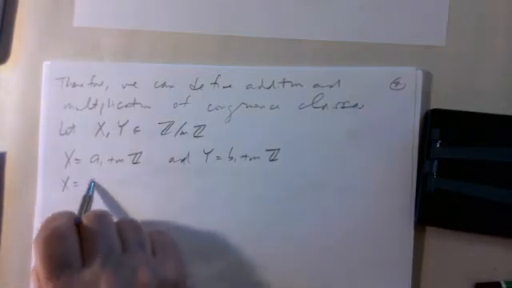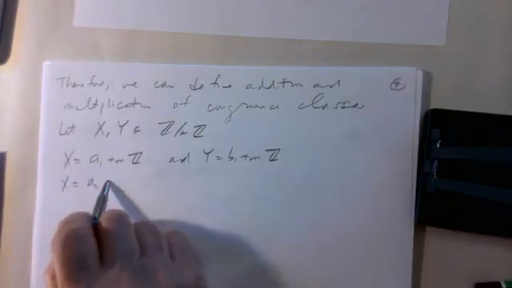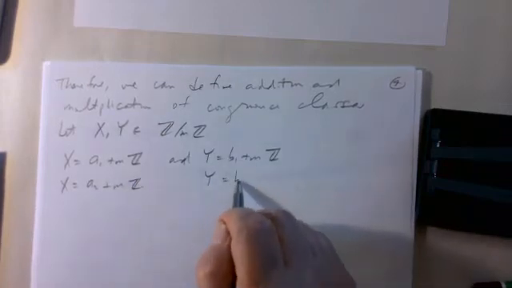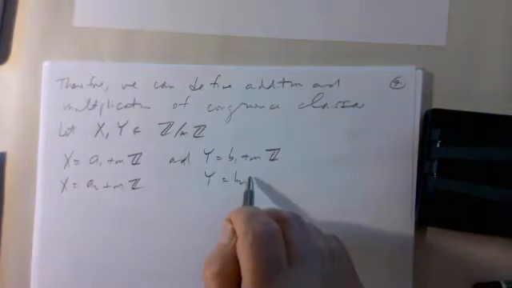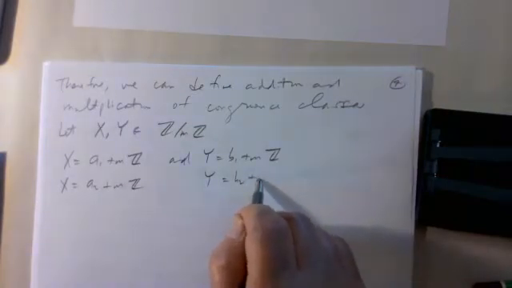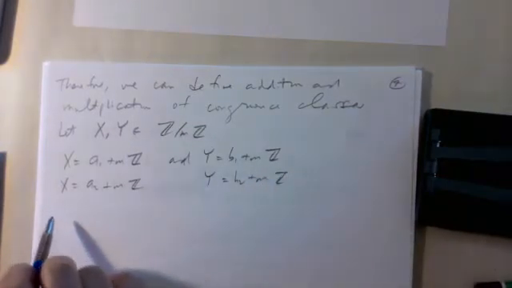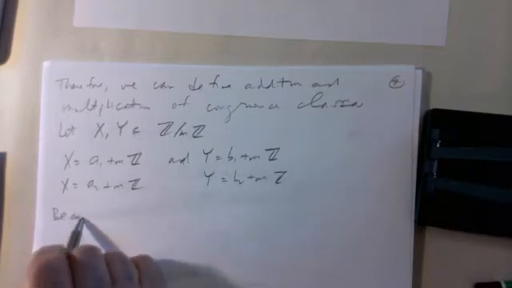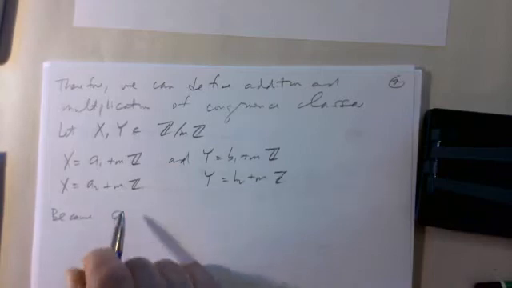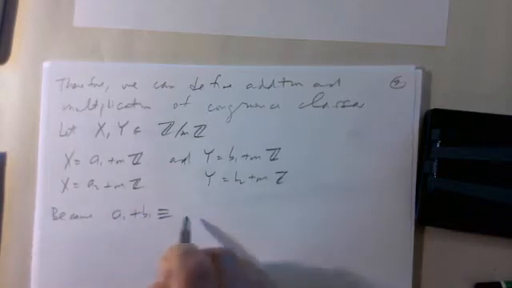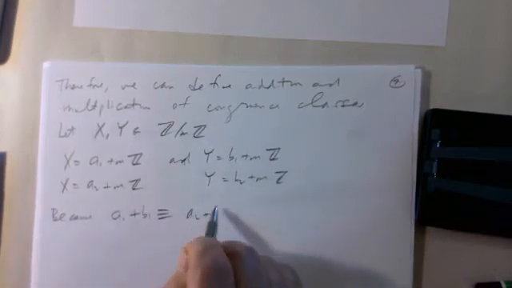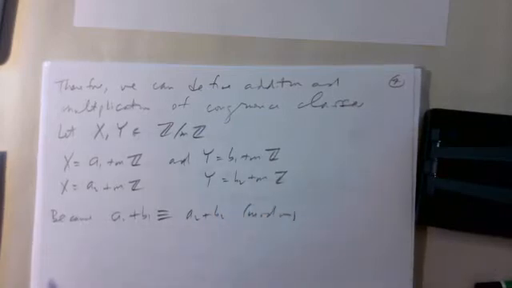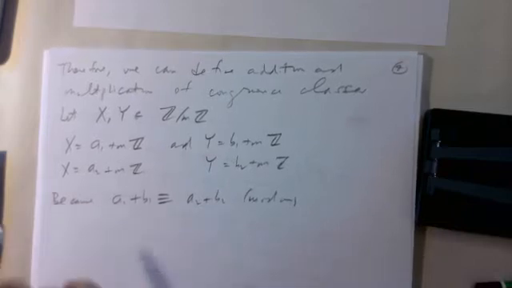Suppose for some other integer, it's the same congruence class A2 plus mZ. And suppose for another integer B2, this is the same as the congruence class B2 plus mZ. So because A1 plus B1 is congruent to A2 plus B2 mod m, right? That's the fact I just stated.